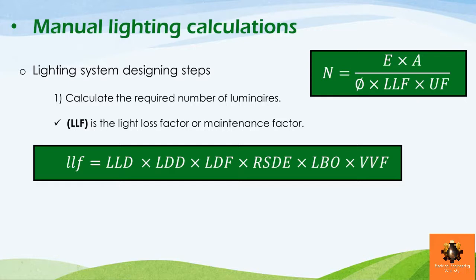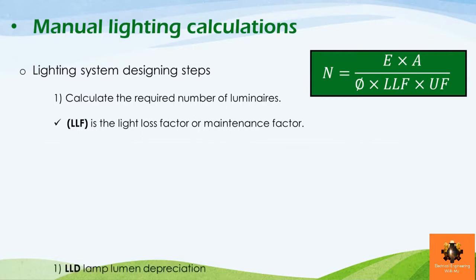But we now need to know what each of those 6 factors is. The first of them is LLD, or the lamp lumens depreciation, and it refers to the performance of the lamp, or the lumens out of it across its life. This is because the lamp's performance changes as time passes, so the number of lumens out of the lamp is not constant, but decreases across its life.